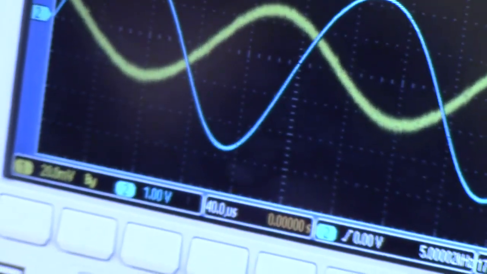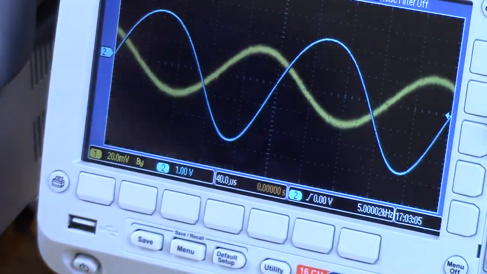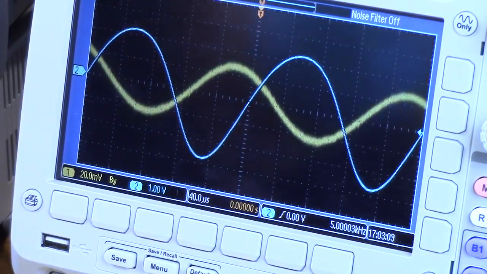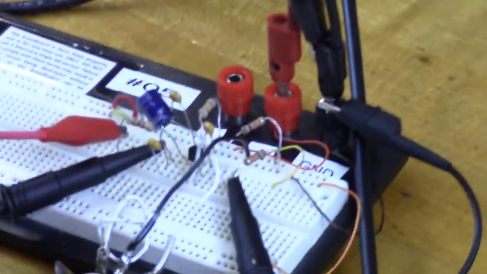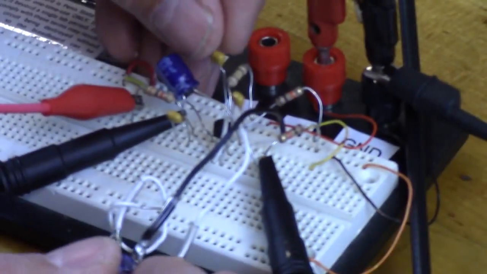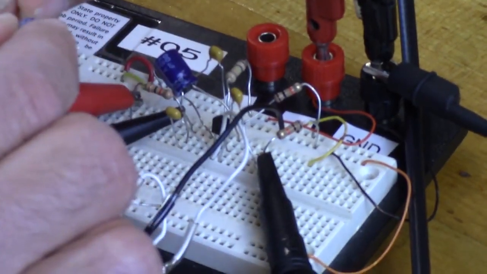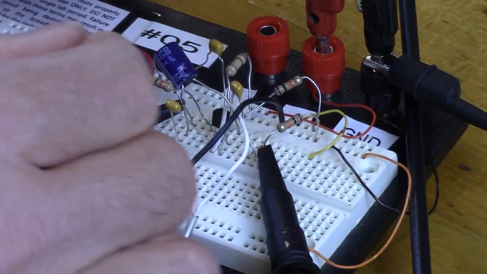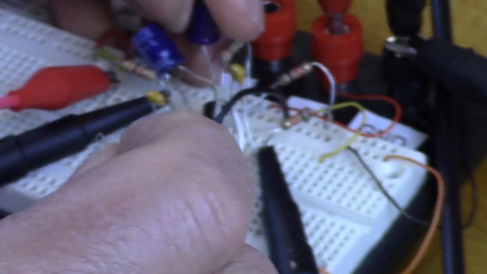What this means is that the pole due to C1 is now slid all the way to the left. And we're going to do the same thing with CE. CE goes across RE. That's this one here. We're going to place another capacitor there in the place of CE, and that means that C2 will be by itself. In this case, I'm just going to unplug it because I ran out of holes here.